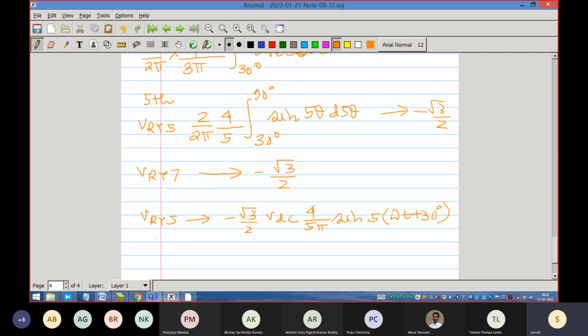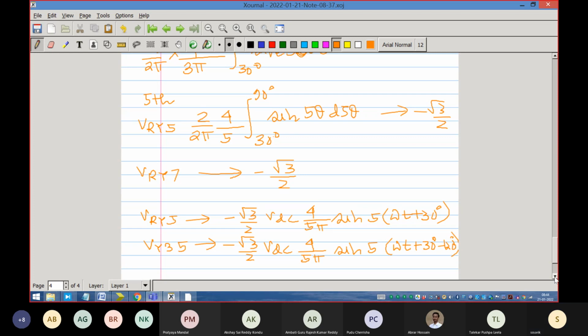And the next, VYB5 will be minus root 3 by 2 VDC 4 by 5 pi into sine of 5 into omega t plus 30 degree minus 120 degree, right?